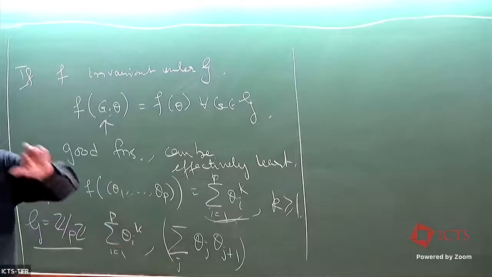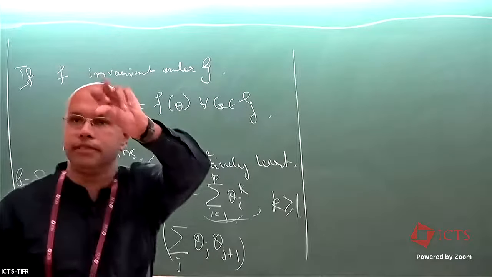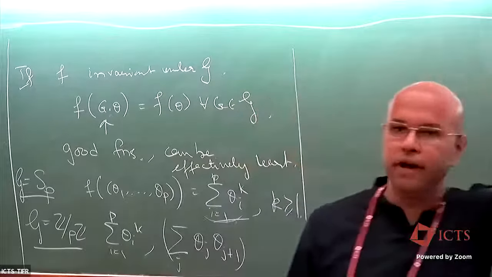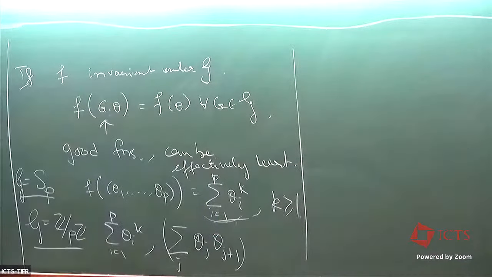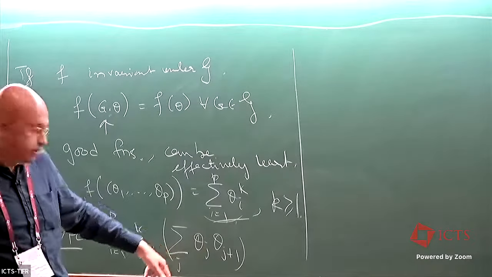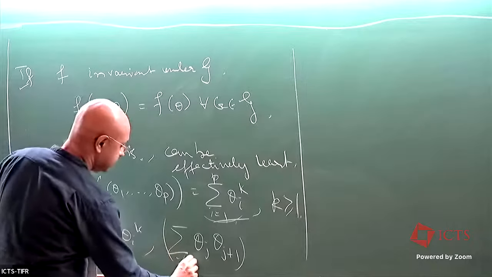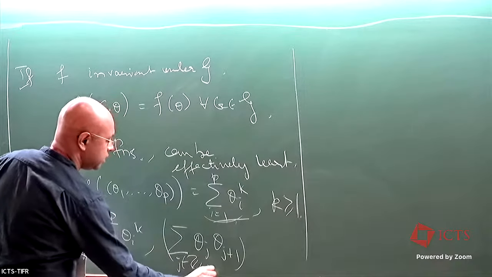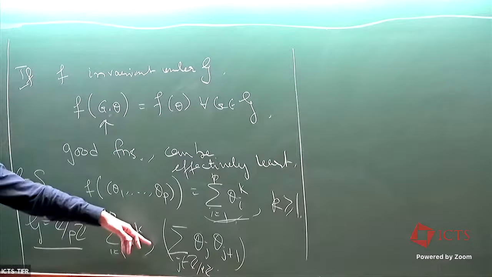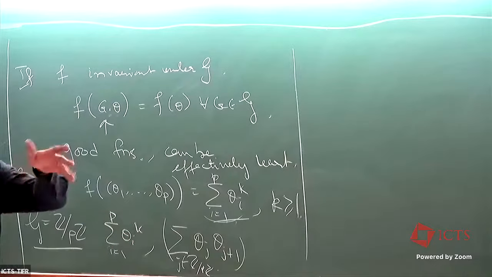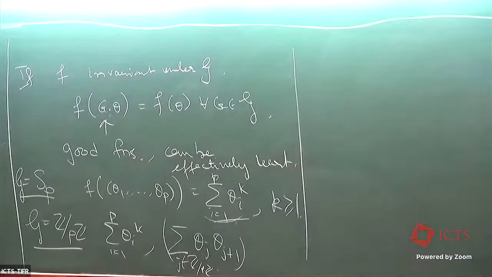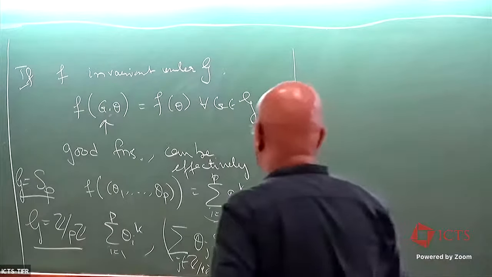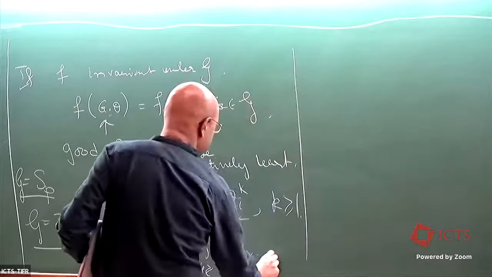So for example, you can take any function of successive pairs of coordinates, and if you sum over the entire group, like here we have theta j times theta j plus 1, and you sum over j in Z mod pZ, then this is going to be invariant, because it preserves the order, it preserves successive pairs. And clearly there could be more.